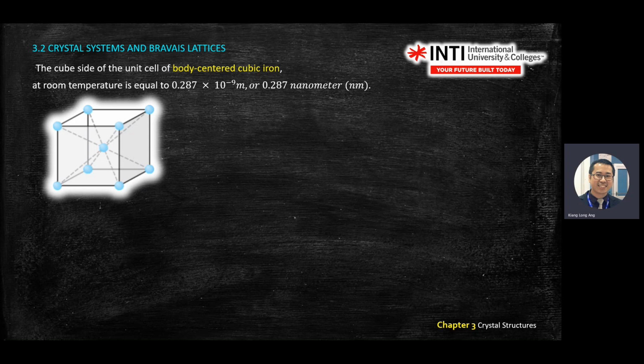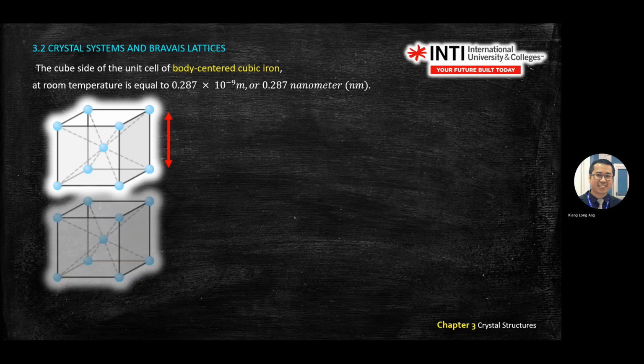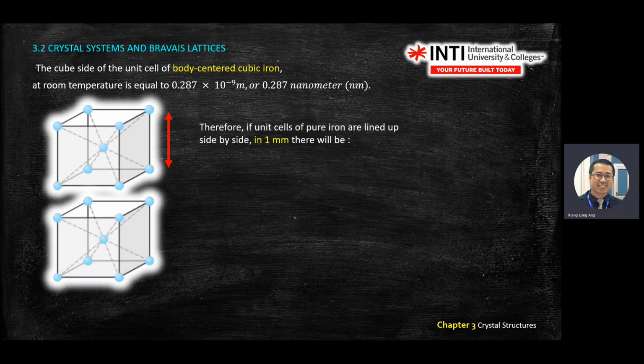Top 4, bottom 4, middle 1, that's 9. So remember when you draw BCC, 4 at the top, 4 at the bottom, and 1 at the center. You don't need to draw the dotted line, but we want to see whether you know how to illustrate a BCC.